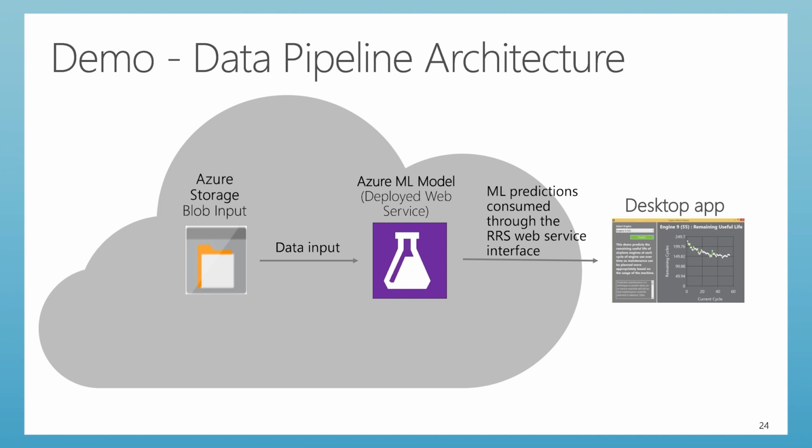Essentially, it deploys a web service from within Azure ML, and then this desktop application consumes this web service from outside of the cloud. Of course, in a real scenario, you can have different client applications, either a mobile application or a web app, but the idea is the same.